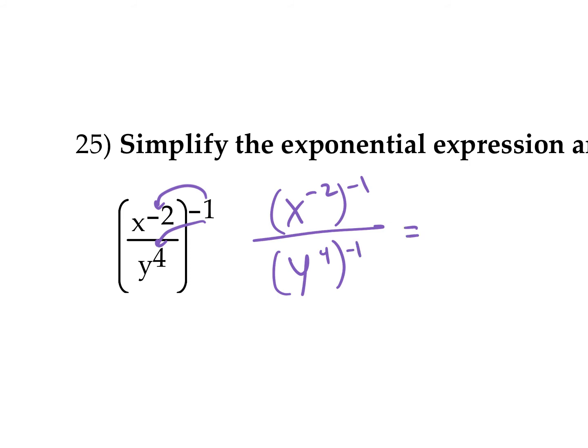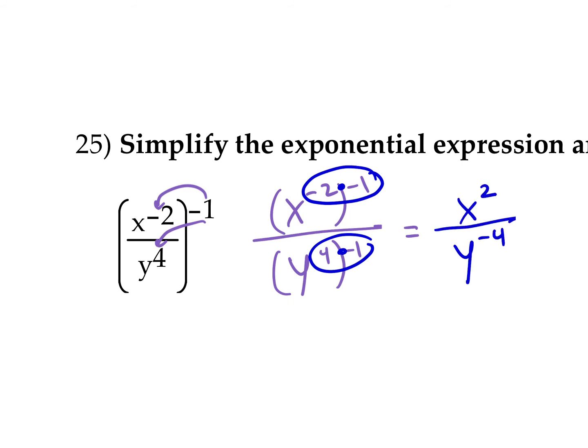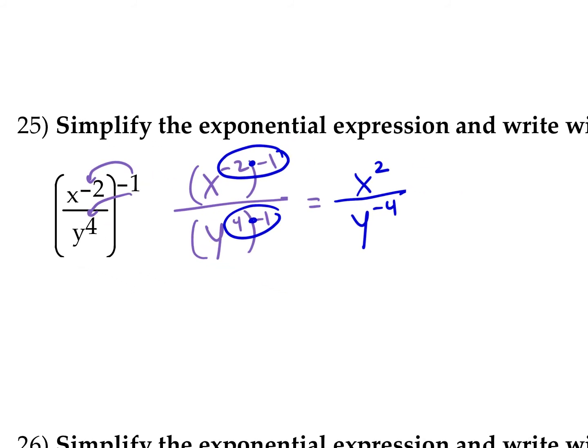What can I do next? So power to a power means we multiply. So it would be x squared over y to the power of -4. We don't like negative exponents in our answer, so what do I need to do? Bring it to the top and make it positive. So x squared y to the 4th power.